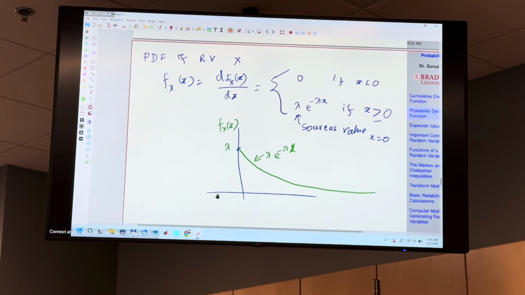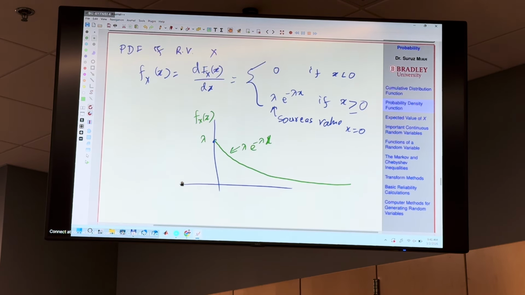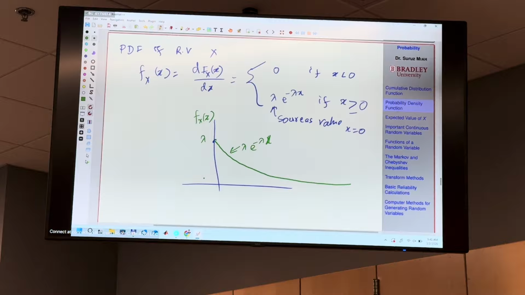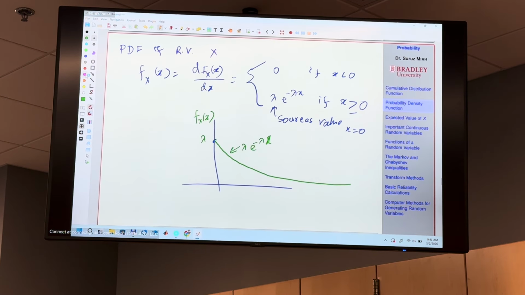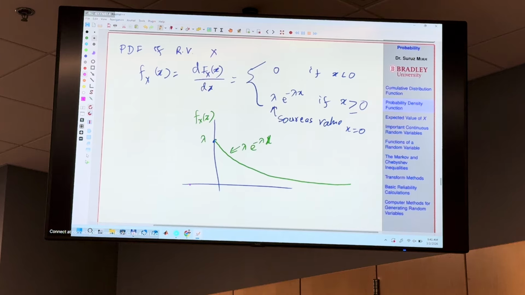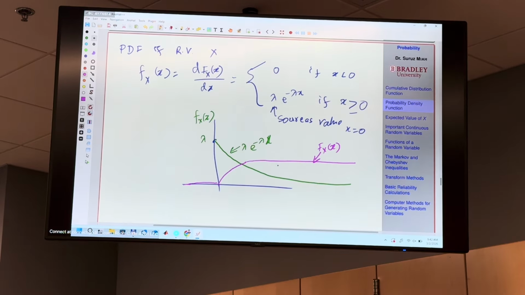So it is going to be like that. Graphically, this is what it will look like.